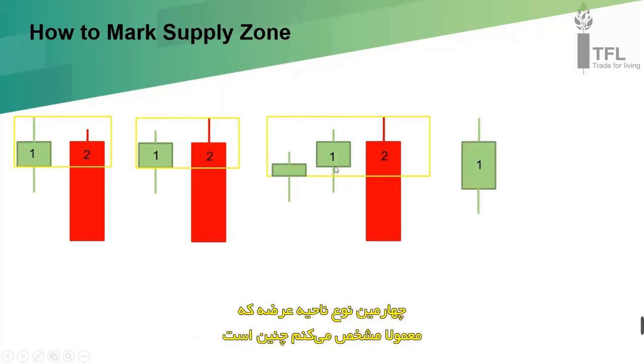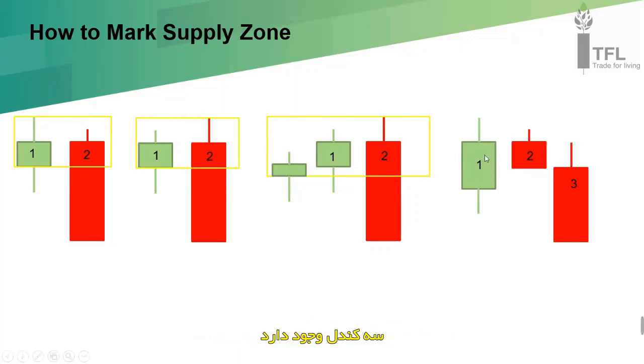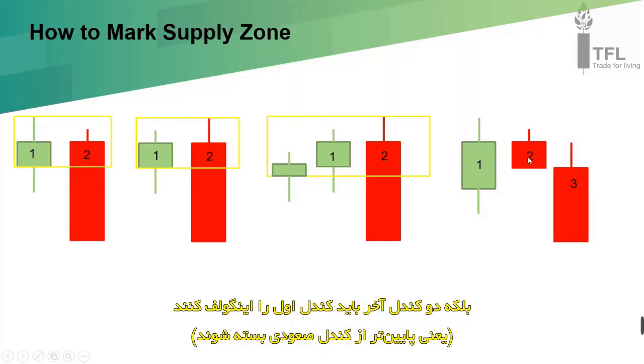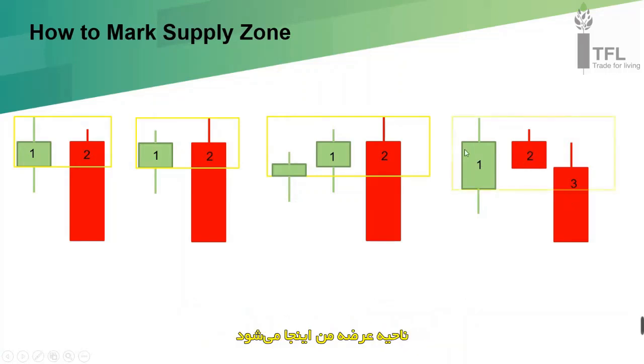The fourth type of supply zone that I usually mark is something like this. There are three candlesticks, one bullish and two bearish. This bullish candlestick is engulfed not by one, but by two candlesticks. So my supply zone will be over here.